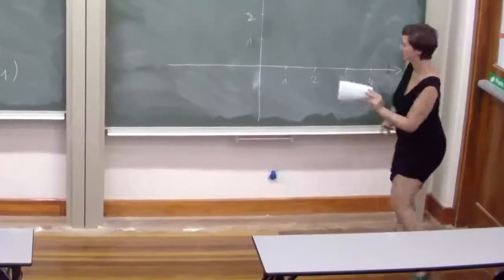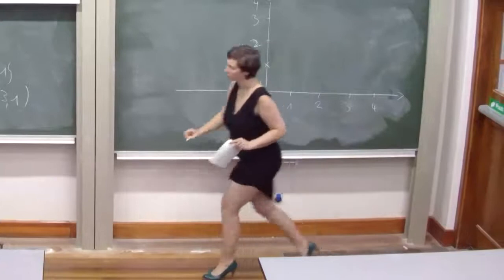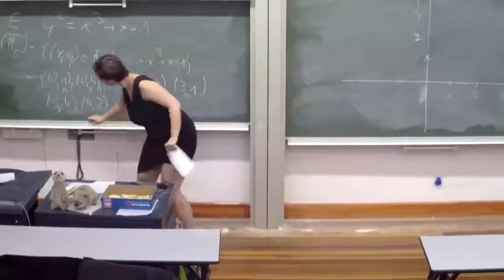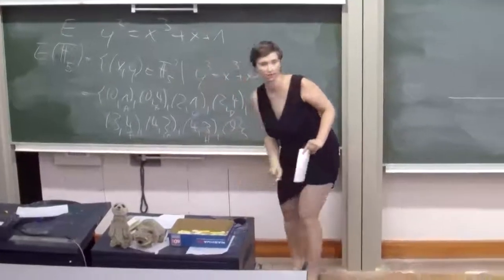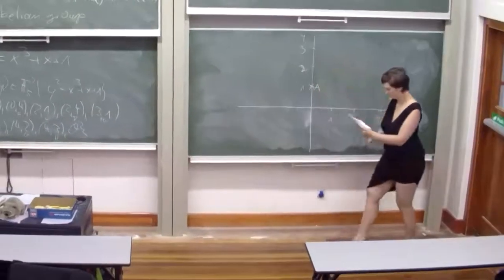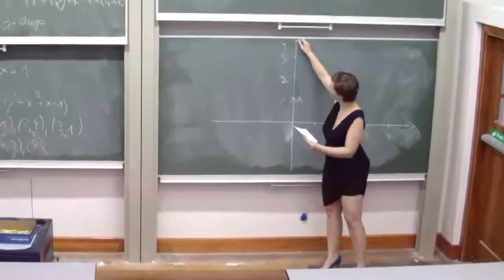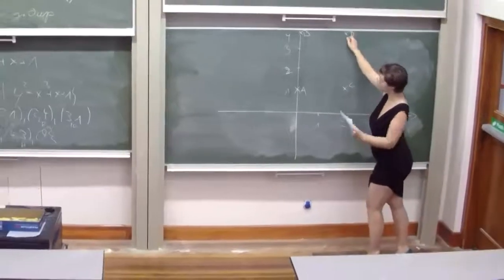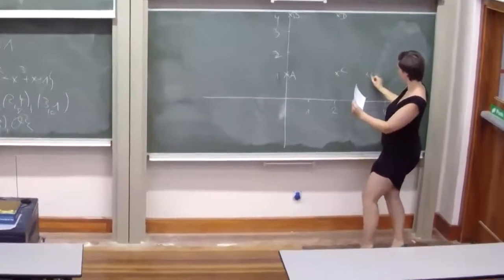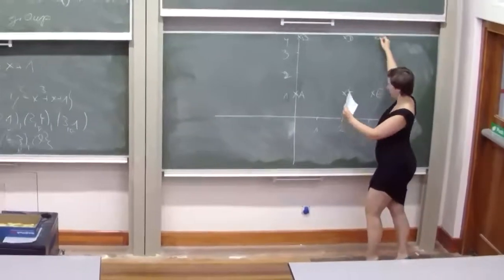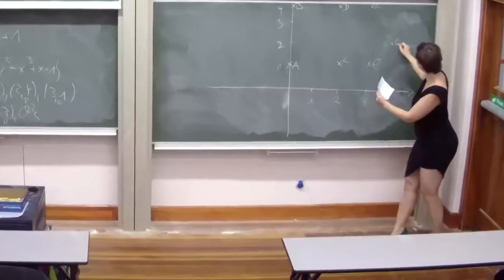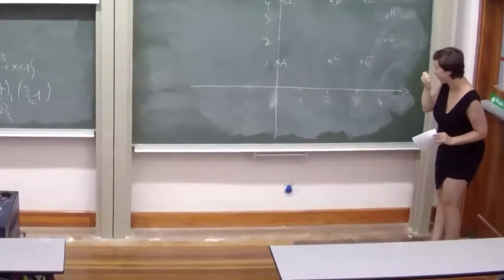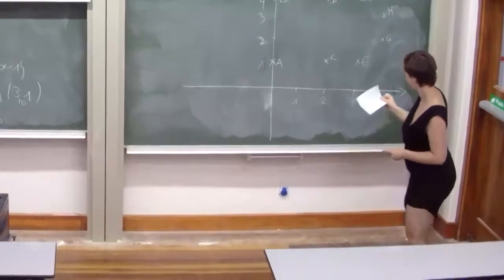The first point is (0,1). We give them names: A, B, C, D, E, F, G, H. So this is A. Then we have (0,4), which is B. (2,1) is C, (2,4) is D, (3,1) is E, (3,4) is F, (4,2) is G, and (4,3) is H. I hope I drew everything correctly, and I hope my next drawing will work out.